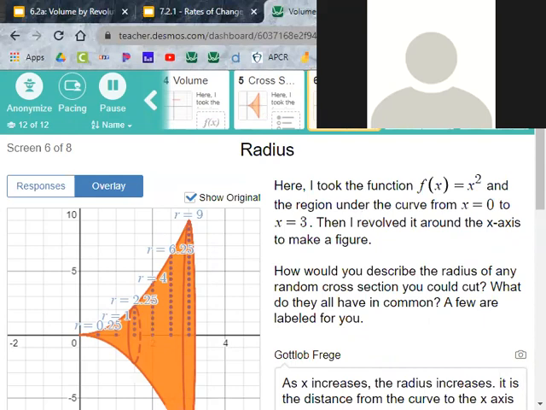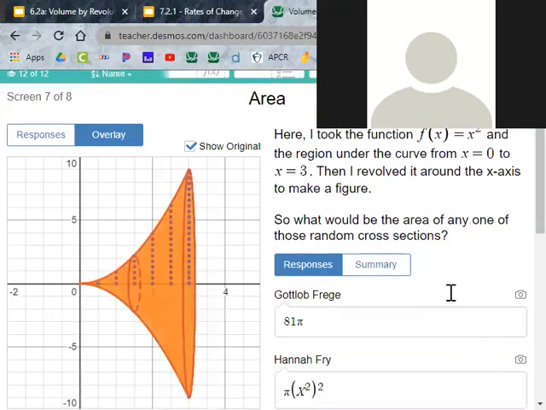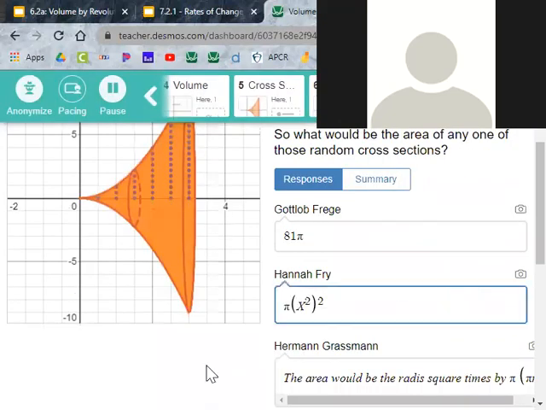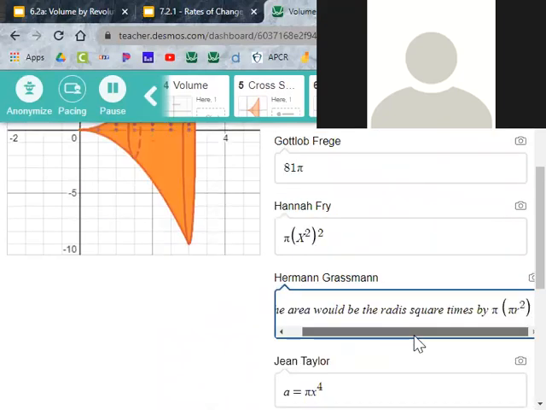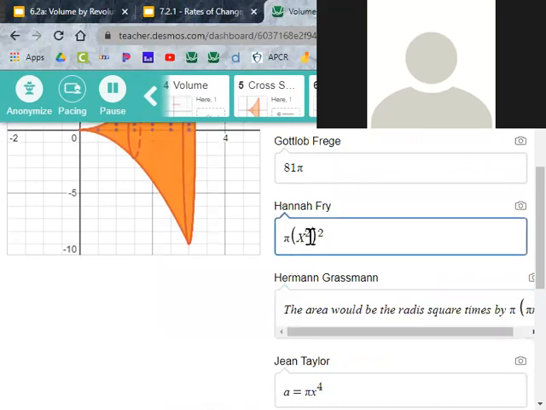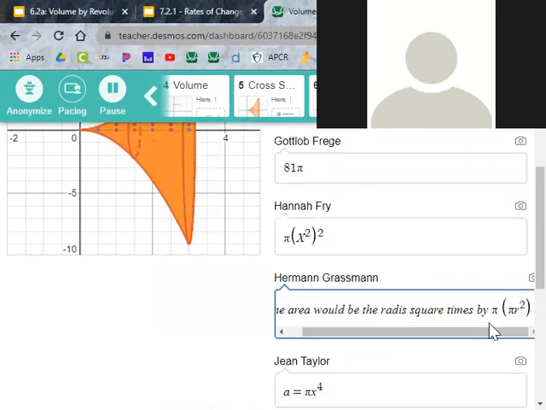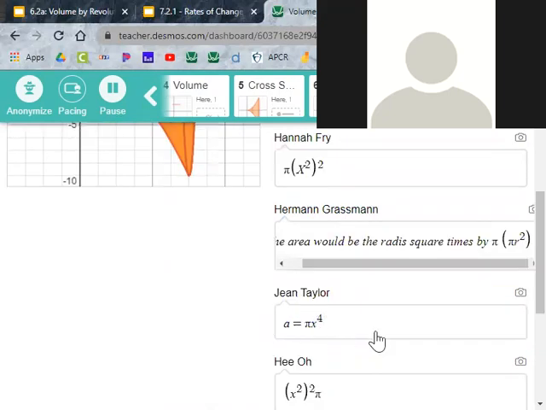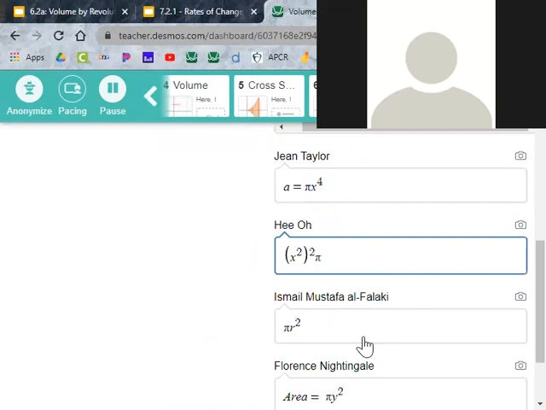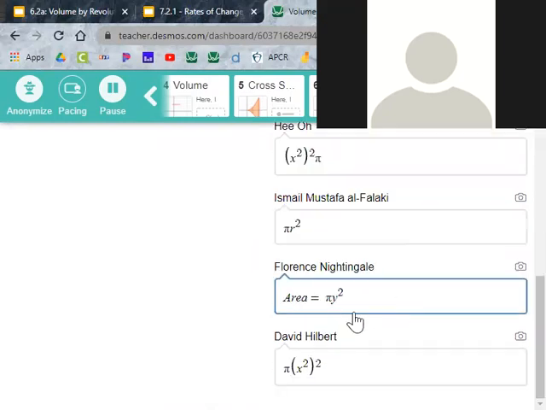And since we know the radius, we can figure out the area. So I'm really looking, let's see. Yeah, so we look at pi times x squared squared, pi times r squared, pi x to the 4th, which is simplifying it, x squared squared pi, pi r squared, pi y squared, which y in this case, y equals f of x, and f of x is x squared.